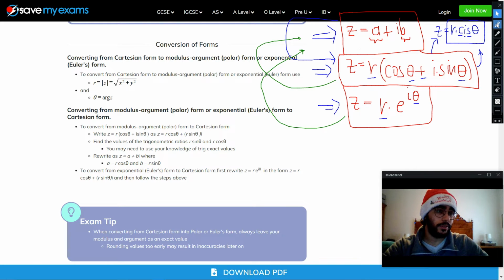Because all you have to do is to open them up, in terms of opening the brackets. If you are given a polar form as you have here, all you have to do is open up the brackets, so r times cosine theta and r times i sine theta, and then evaluate the cosine and the sine on these angles, and then basically have your simplified answer.